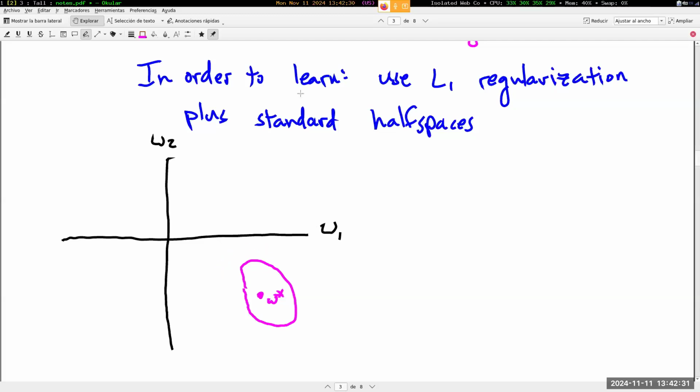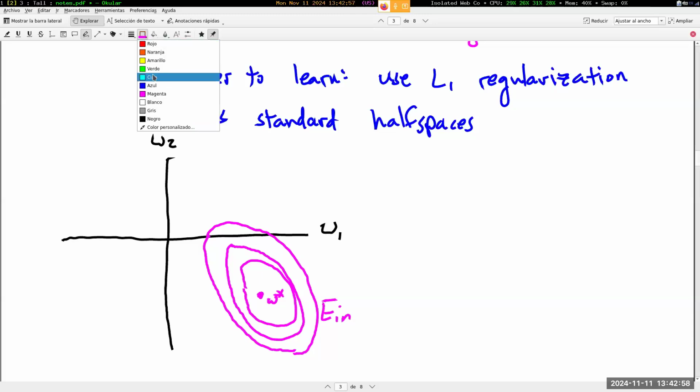Let me get my hand less cramped so I can draw good circles here, because good shapes are going to be important to see what's going on. And yeah, so I have three convex shapes here. Again, this is my in-sample error as a function of the location in the hypothesis class.